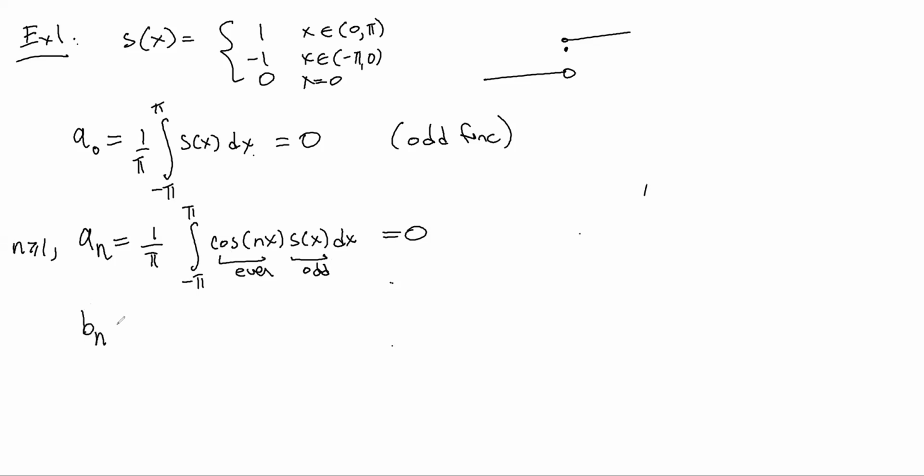Well, but something more interesting happened here. Now we have 1 over pi times the integral of sine nx times s of x dx. And now they're both odd. So this integral, I don't know if it's going to be 0. So how do I compute it? Well, I have to break it into cases. So this is 1 over pi, integral from minus pi to 0, and on minus pi to 0, s of x is minus 1.